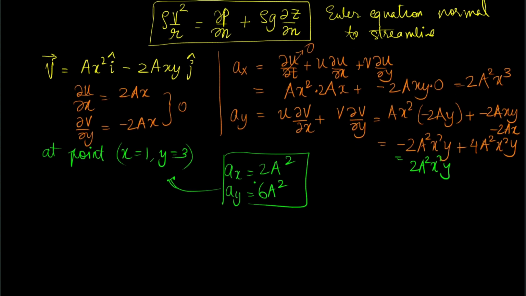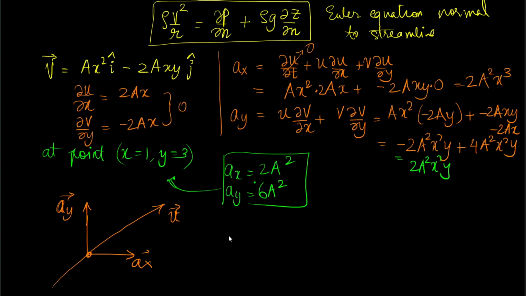Now we need to decompose this acceleration. We have a_x and a_y as two components of the acceleration vector, but we need to decompose it along the direction of velocity. So how do you do that? Let us find out the unit vector along the velocity at this point.